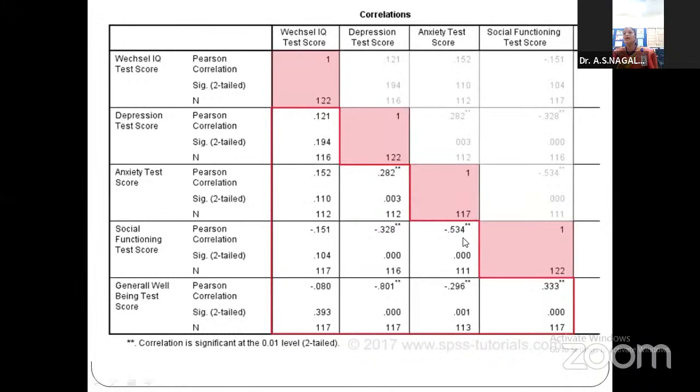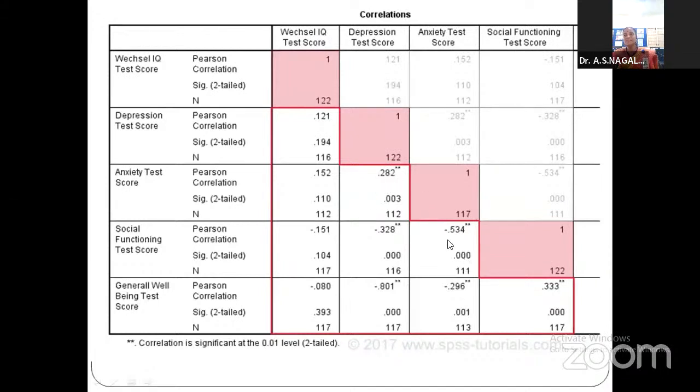And we also have anxiety test score with social functioning test score. It is also 0.5 but negatively correlated. So when anxiety increases, your social functioning will decrease. One increases, another decreases. That is a reflection of negative correlation. If there is no minus here, it is a positive correlation.